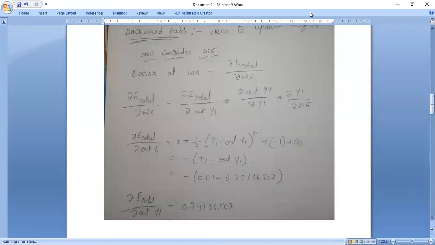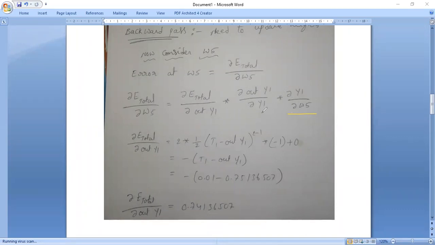Dou E total by dou W5 equals dou E total by dou out Y1, into dou out Y1 by dou Y1, into dou Y1 by dou W5. Actually, W5 is one of the input values for node Y1.